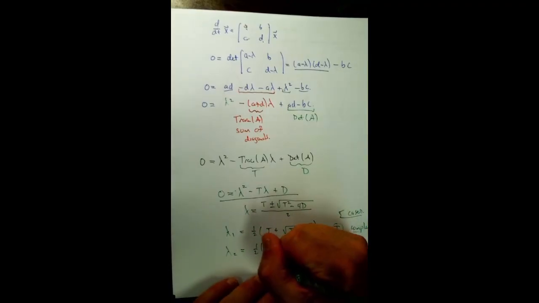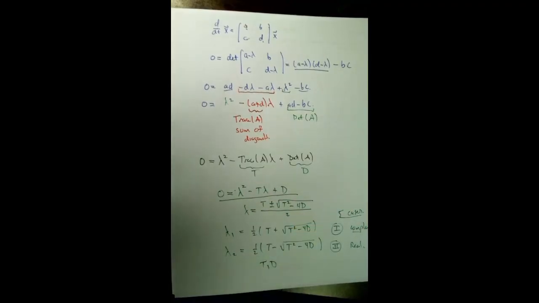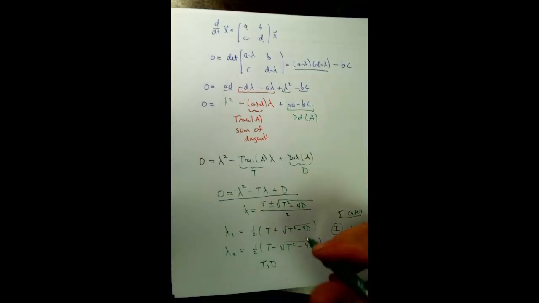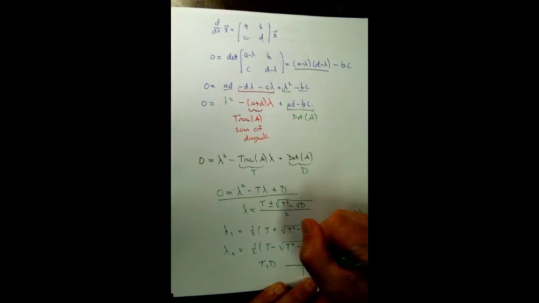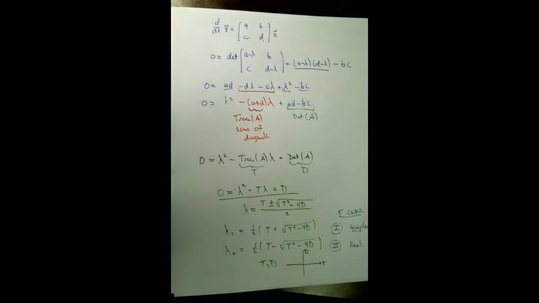Notice this depends on 2 things, T and D. And so the idea is if you give me T and you give me D, I can try to figure out where this is going to happen. Basically there's 2 things I have to deal with, and I'm working in 2 dimensions, so I'm going to partition a plane. We're going to call it the trace determinant plane.